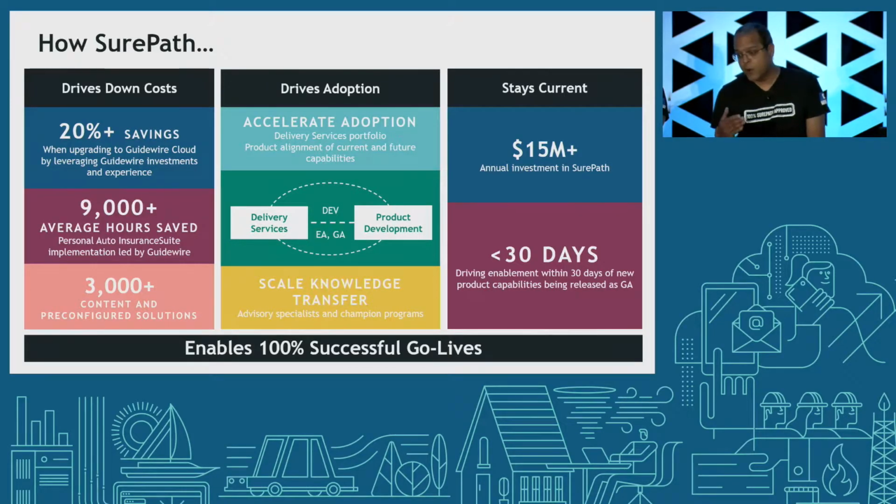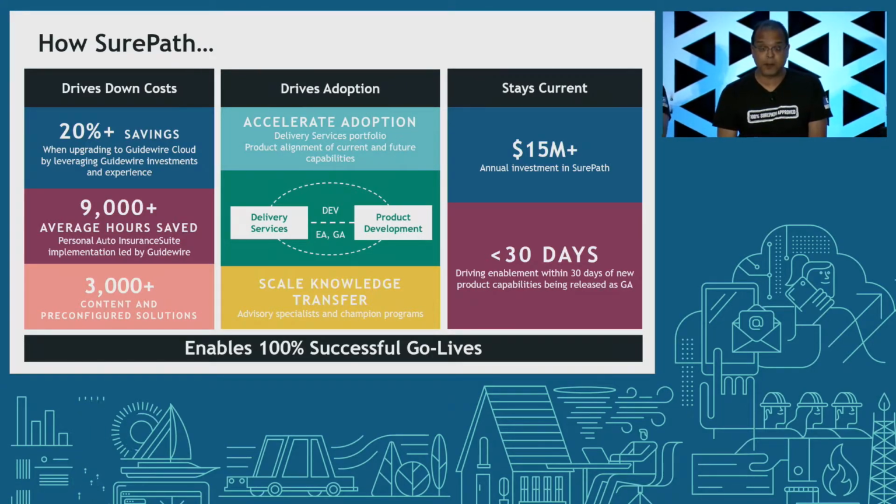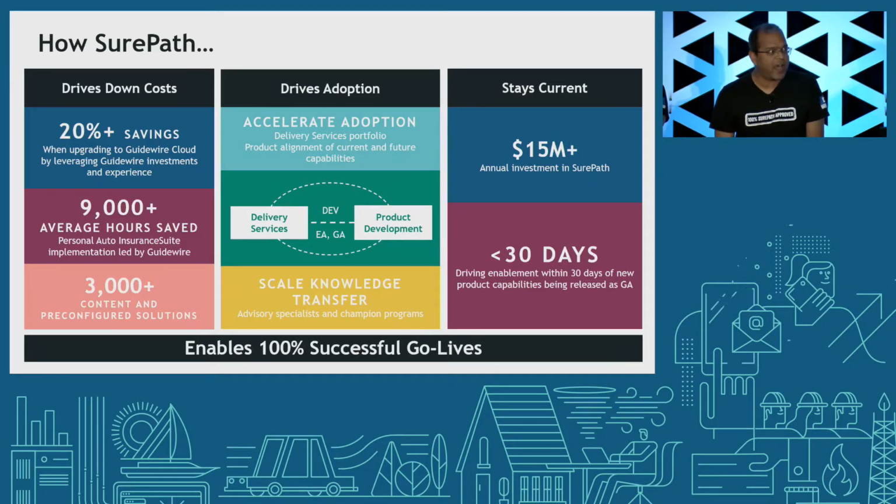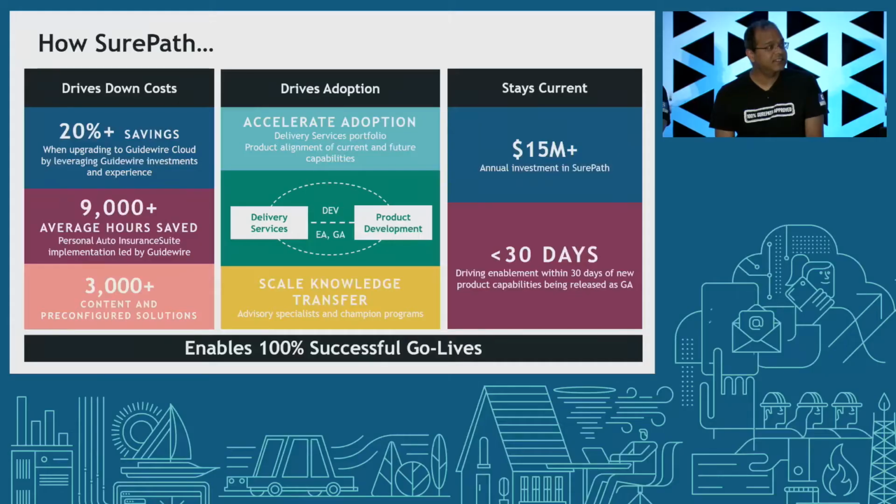That's the whole reason why these programs exist, so that product can improve and SurePath collateral in lockstep with that improvement can produce collateral, for example, white papers, KCS articles, or sometimes just hands-on implementation guides or presentations themselves, so that once the capability is GA, the teams should have an easier time adopting that capability. Less anxiety adopting that capability. That's exactly what the SurePath focus is in these DA and EA programs.